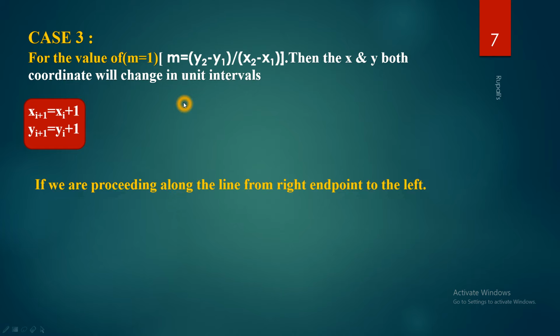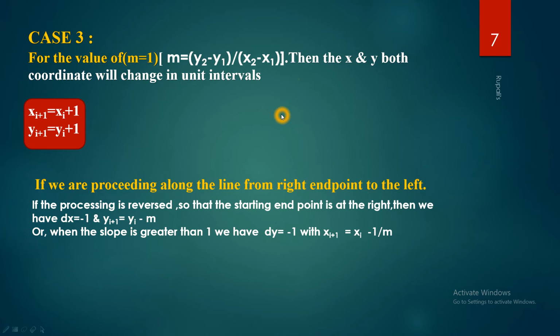And if we are proceeding along the line from the right endpoint to the left, in place of dx you have to write -1. If it starts from left to right, dx = 1. But if I start from right to left, dx = -1.